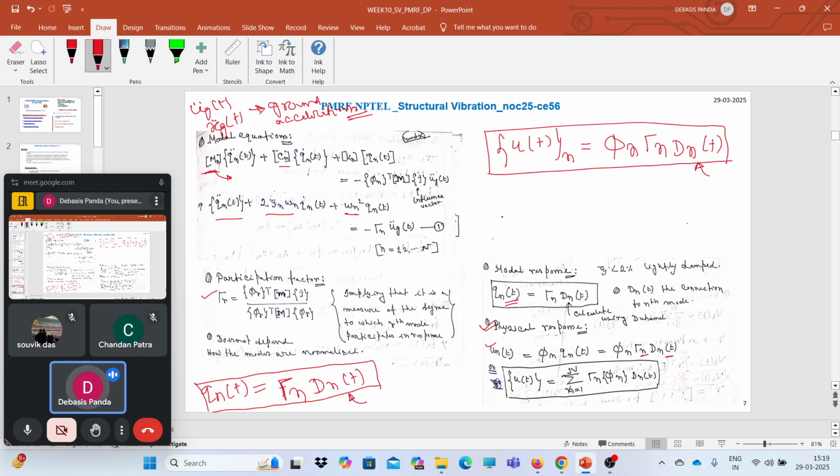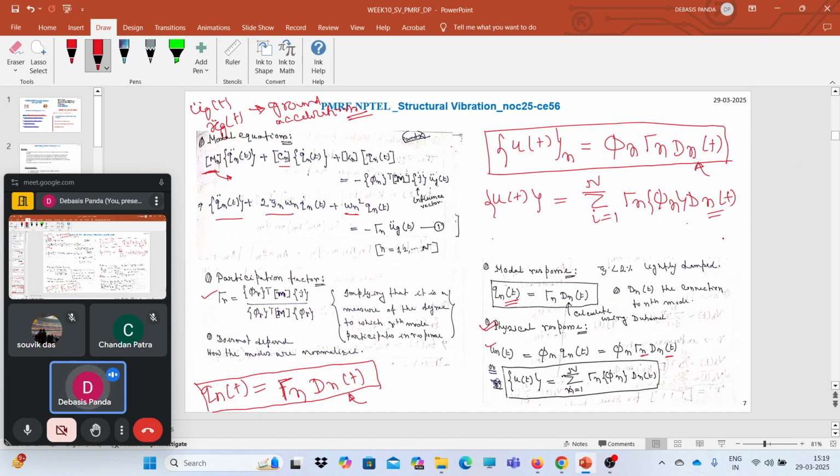So if I want to calculate the total response u of t, it comes as a vector. It will be nothing but the summation of i equals 1 to n of this quantity: the participation factor, the mode shape information, and the response corresponding to the particular degree of freedom.